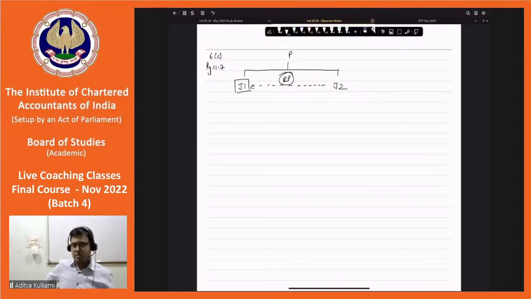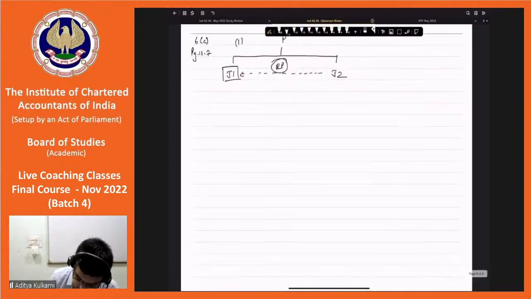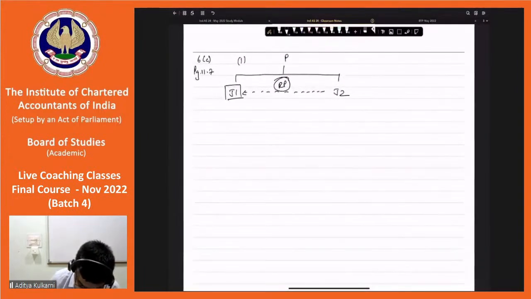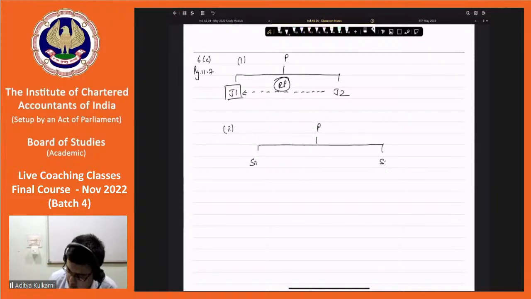So this is the first chart for 6C. The second chart for 6C. And here most of us will go a little wrong, but I want to see if you can interpret. P has two subsidiaries, S1 and S2.